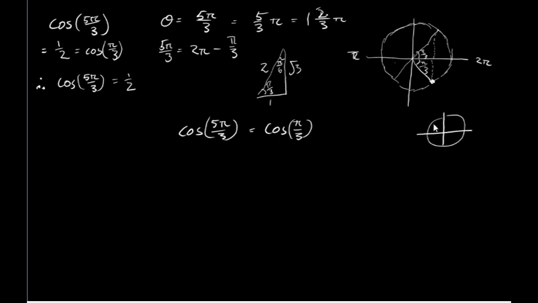Now, I didn't check, but just remember our values for positives and negatives. We've got all, sine, tan, and cos. We're in the fourth quadrant, Q4. Cos is positive, so they're both positive, which is good.